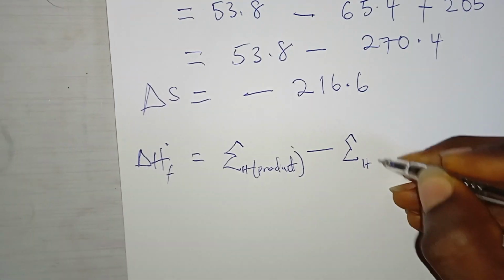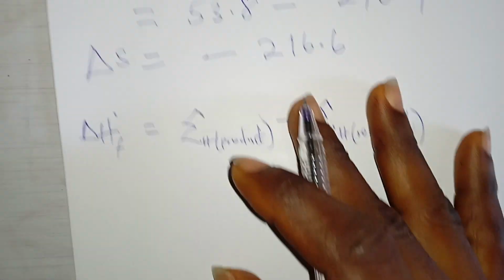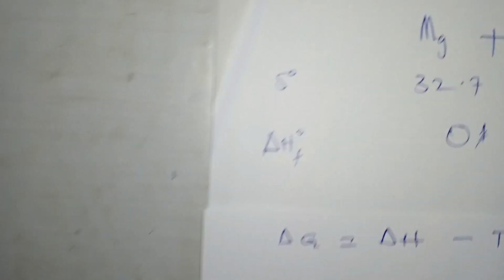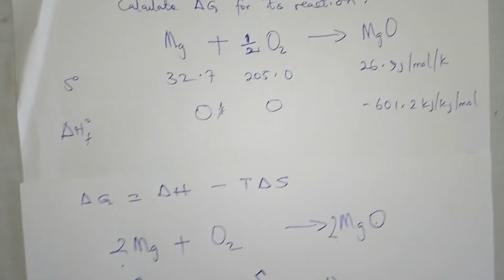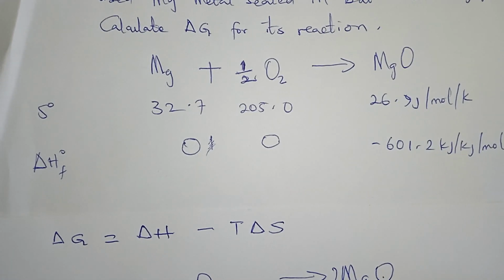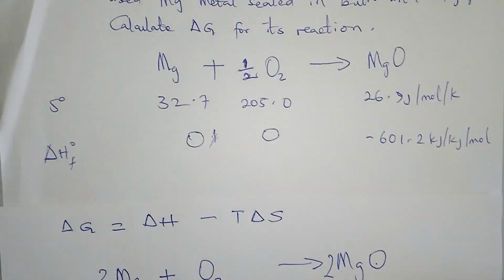Then enthalpy of reactants. If I know this, notice that on the product part I have 601.2 kilojoule per mole, while on the reactant part I have 0.